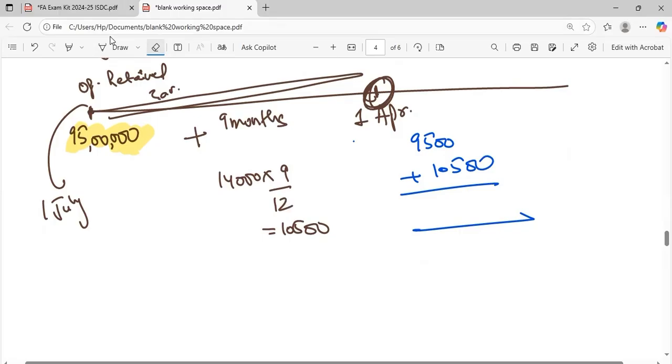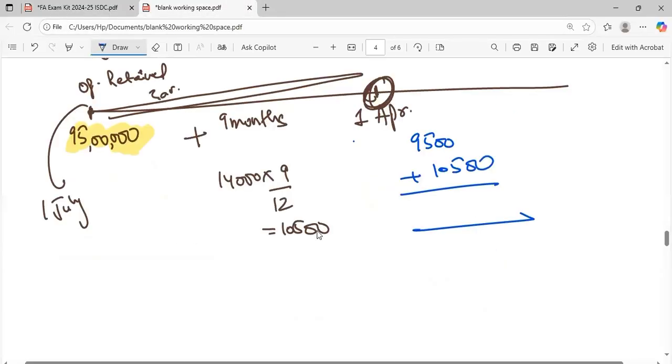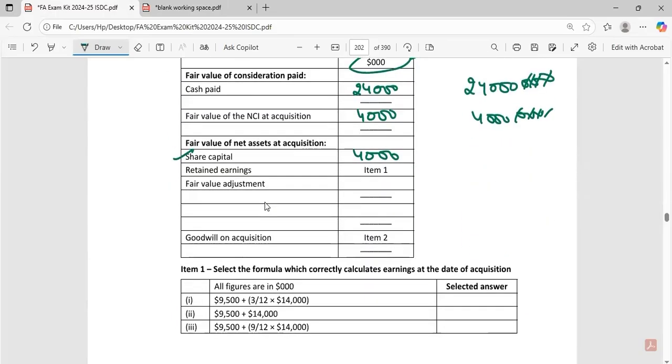Because I have taken this amount of 14,000 by ignoring the 3 zeros, because over here I was given that 3 zeros have been ignored. So from here also, let me ignore the 3 zeros. So just add 9,500 and 10,500, okay? So this is coming out to be 20,000. So over here, we'll write 20,000.